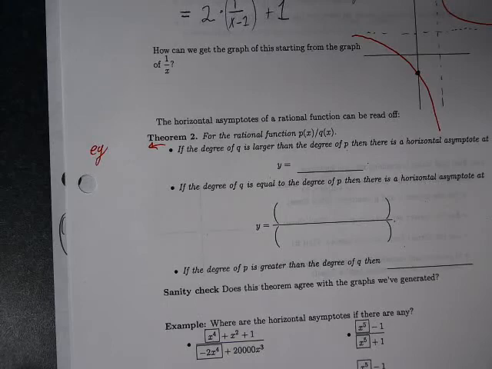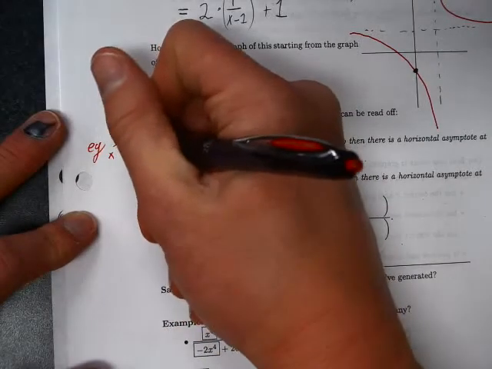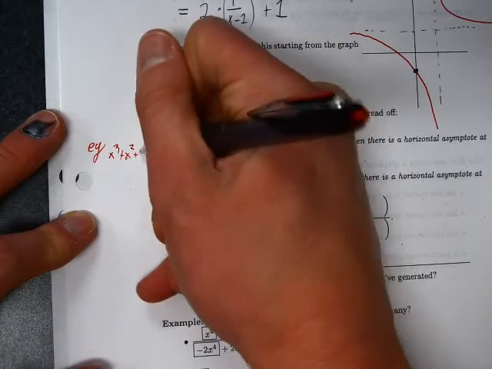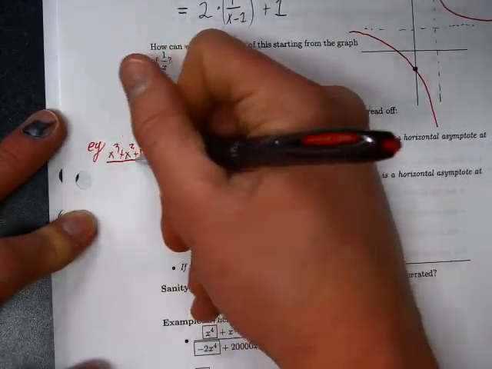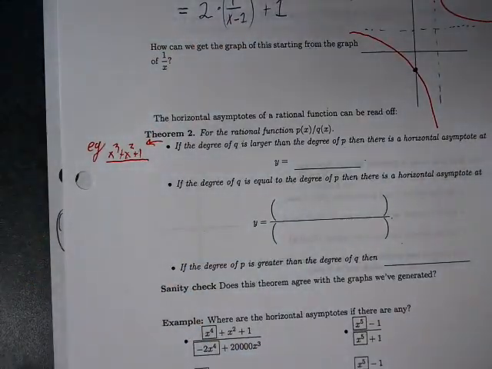In order to make it complicated, I'll add some terms. How about x cubed plus x squared plus 1? Let's suppose that that's the numerator. Give me an example of a polynomial that has degree bigger than that. x to the 4th plus 17.